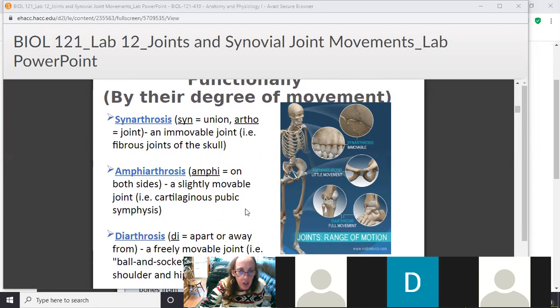It doesn't move much other than that. Diarthrosis is a freely movable joint, and it's the least stable. So these are your most stable, and these are your least stable. The more movement you have in a joint, the less stable that joint is.